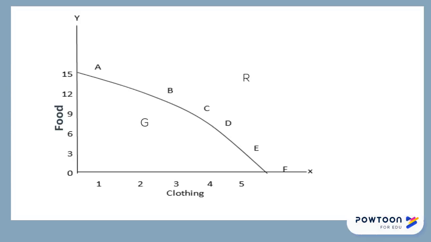This is the graph of the production possibility curve. We measure clothing along the horizontal axis, which is X, and food along the vertical axis, which is Y. Point A represents the position of a country if it produces only food, while point F is the position if it produces only clothing.